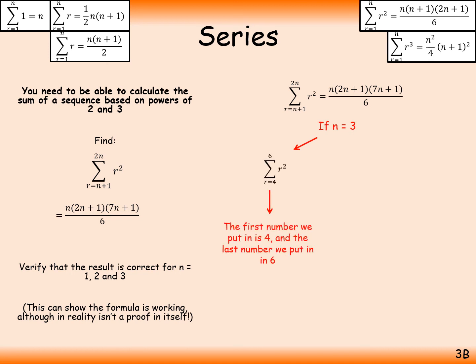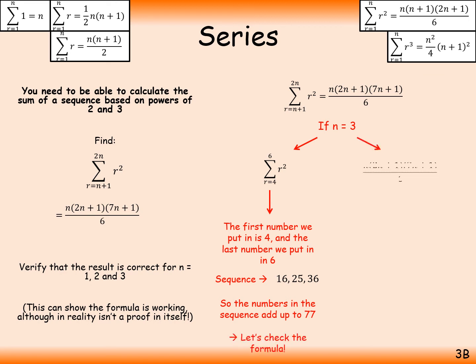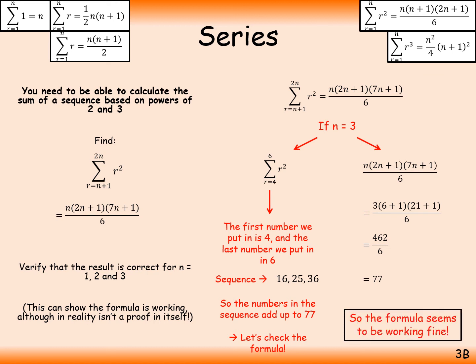We substitute that in. So the first number we put in is 4, and the last number put in is 6. So again, 16, 25, and 36. So the numbers add up to 77. Now if we substitute into the formula, we also get 77. So indeed we have verified the result, and the result is correct. So the formula seems to be working fine.